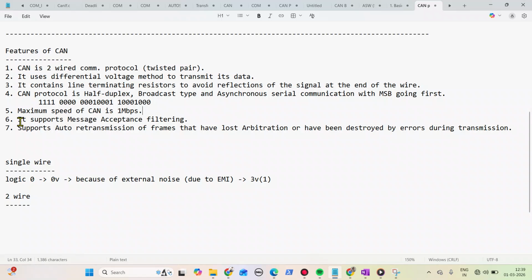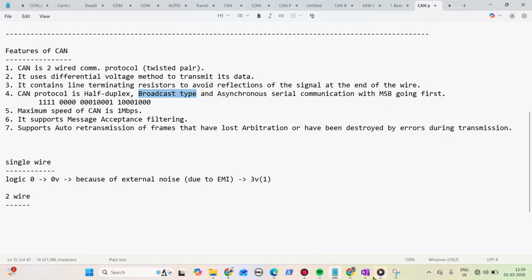And coming to the 6th point, it supports message acceptance filtering. We know that CAN is a broadcast type, which means the transmitter is transmitting and all the receivers are receiving.